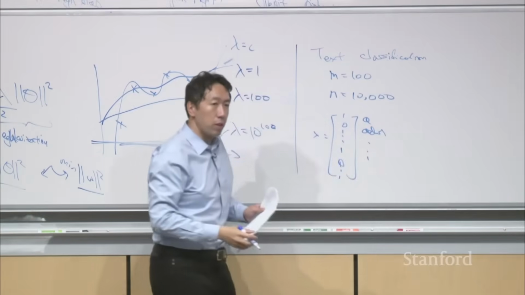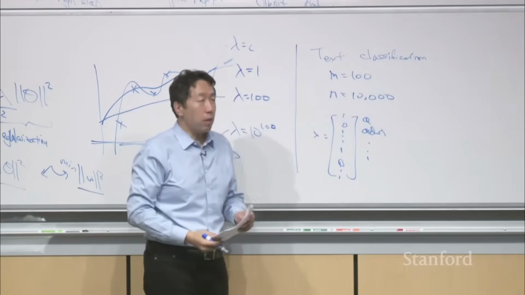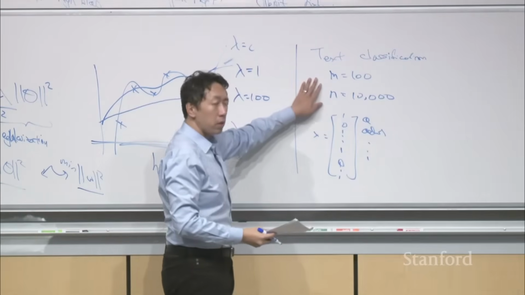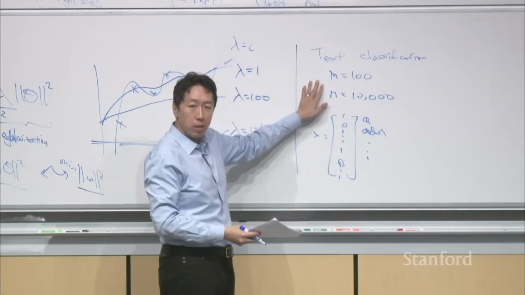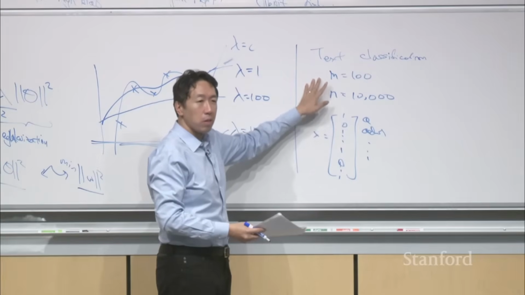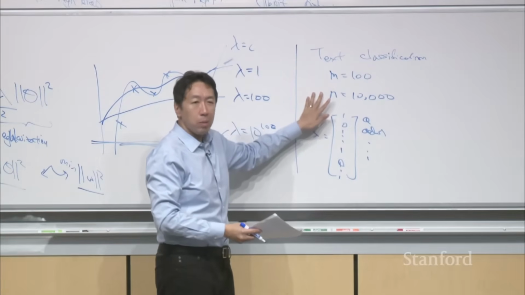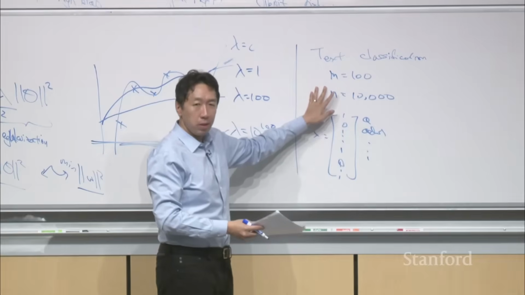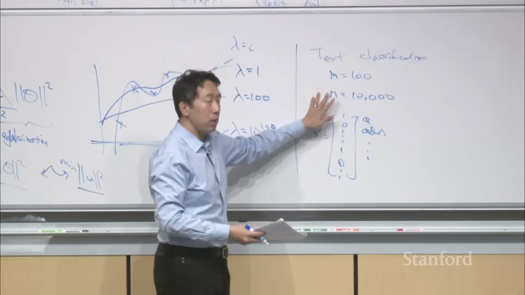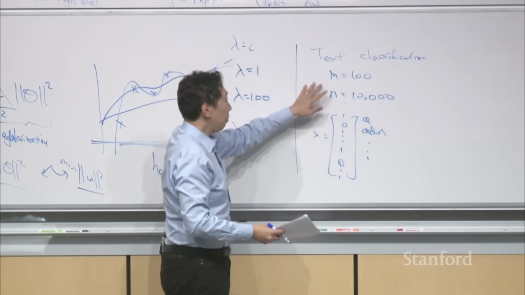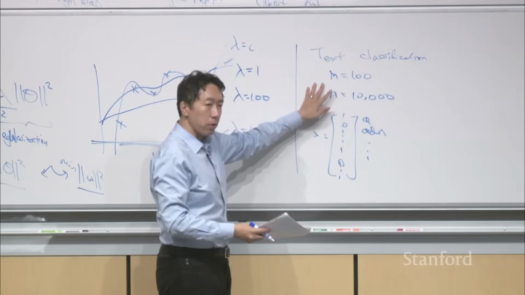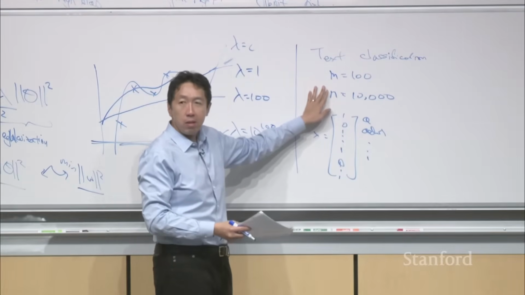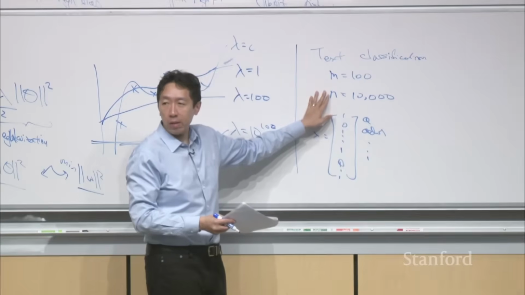So let's say you construct a feature like this. It turns out that if you fit logistic regression to this type of data, where you have 10,000 parameters and 100 examples, this will probably overfit the data. But if you use logistic regression with regularization, this is actually a pretty good algorithm for text classification.